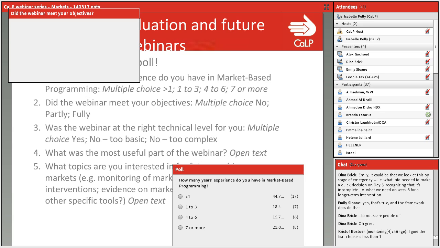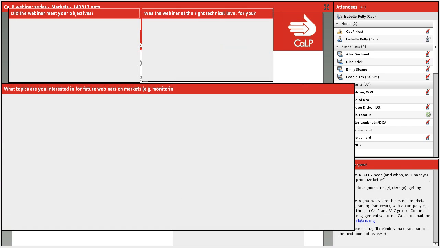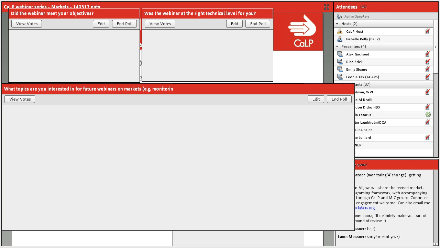Okay. So it seems there's perhaps a push, which makes sense after this more theoretical session today, to look at case studies and practical experience, and in particular at examples of market support interventions. So that's great because there's a scoping study which was commissioned by CRS which looks at the experience of market support interventions so far.